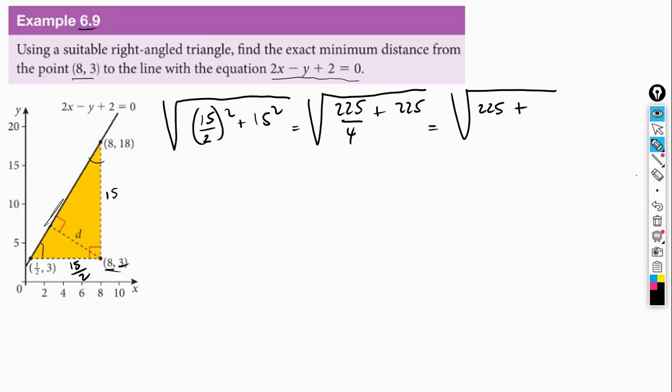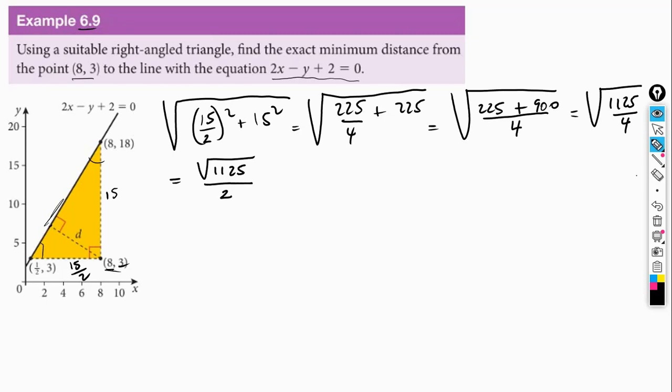That's going to be 450 plus 450, so 900, and all of this divided by 4. And then we're going to get that this is equal to the square root of 1,125 over 4, which we can rewrite as the square root of 1,125 over 2.